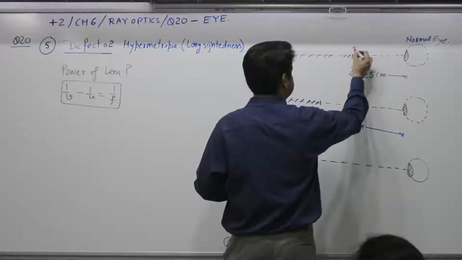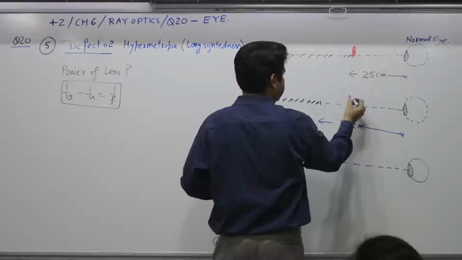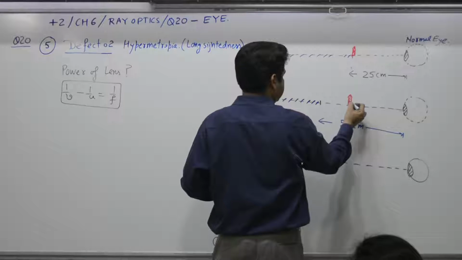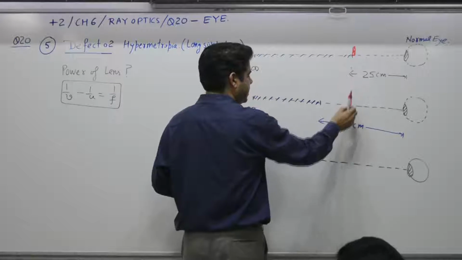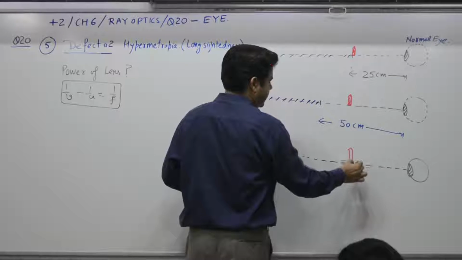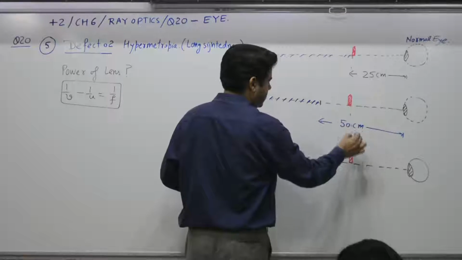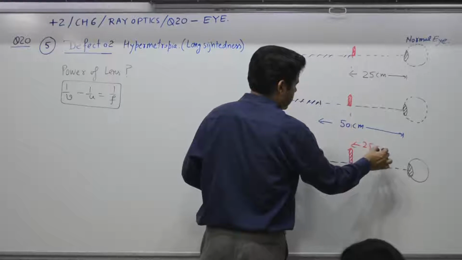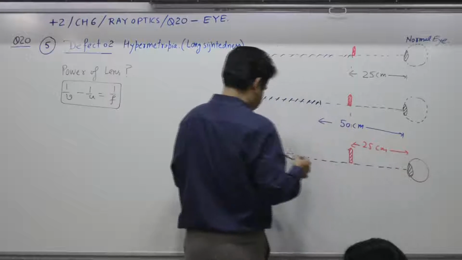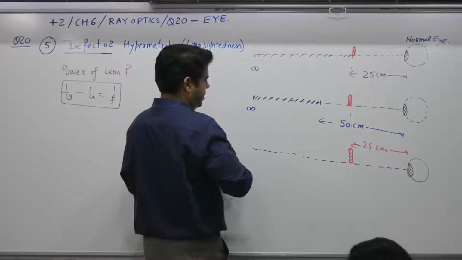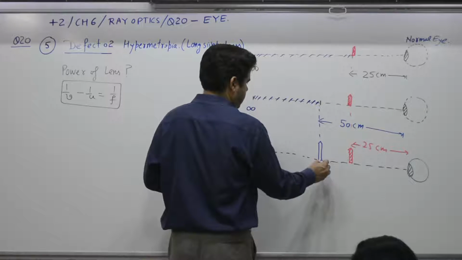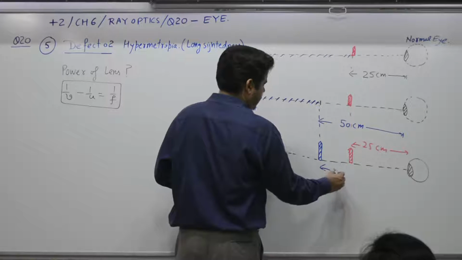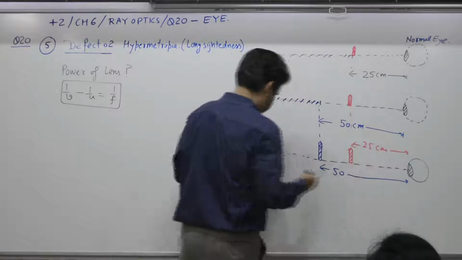So the object is, you place this object at what distance? 25. But this fellow is unable to see that. That means object is at 25 centimeter and image formation is at 50 centimeter.